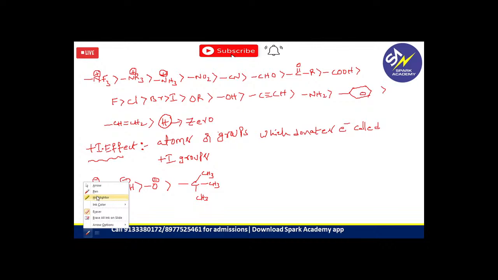Tertiary alkyl group is greater than secondary alkyl group, then primary alkyl group, then methyl group. Before methyl group we have CT3.